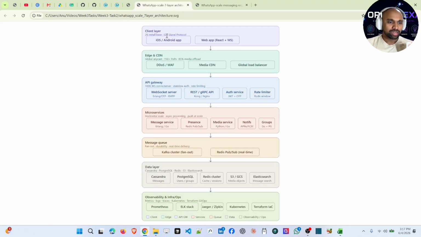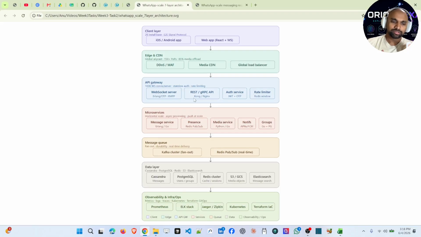If you see this client layer, we have Android app, or web app, or React, or iOS app. From there, the request is coming to the edge content delivery network, where we have DDoS protection, web application firewall, media content delivery network, or global load balancer. Then those requests will go to the API gateway, that is a WebSocket server, REST, or gRPC API server, Kong, or Nginx.